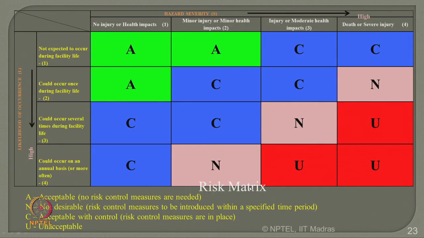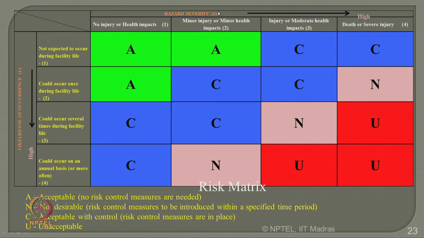Let us see this risk matrix which is generally adopted in the oil and gas industry. The risk matrix has two segments: the hazard severity indicated as S, and the likelihood of occurrence indicated as L. Sometimes it is also called the HS or LS matrix, hazard severity versus likelihood of occurrence.